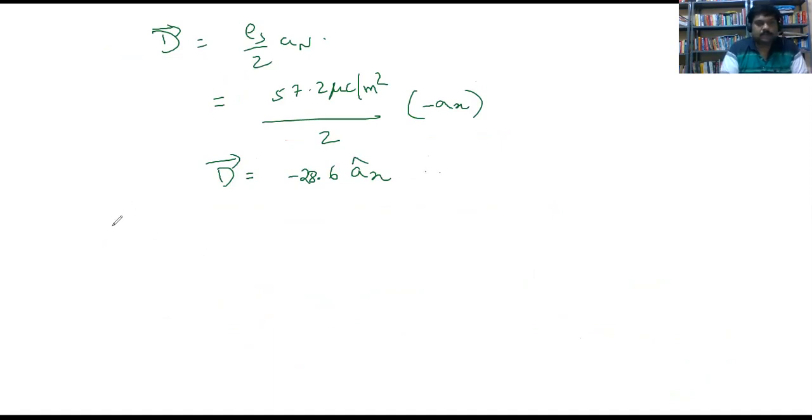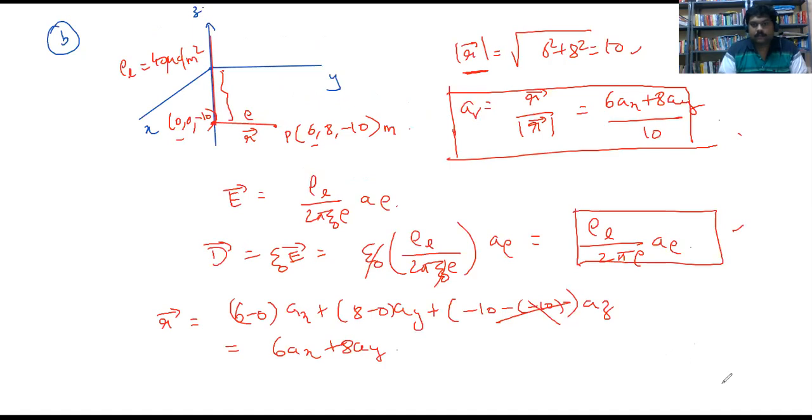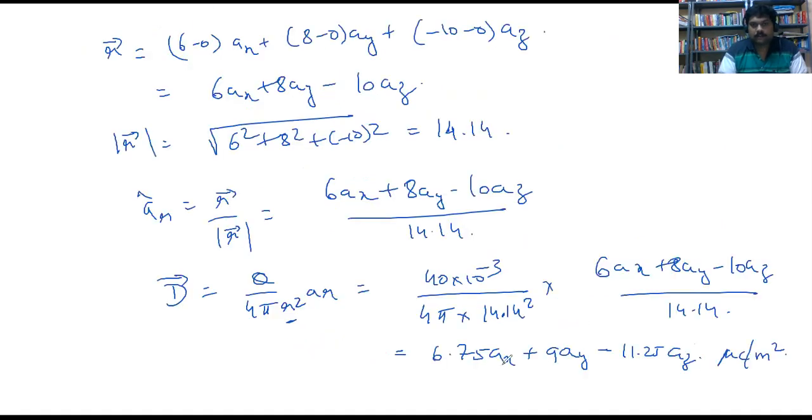Now they might ask one extra question. If all three types of charges are present, then find out the electric flux density. Okay, so what you do is sum up all the electric flux densities and present the answer.